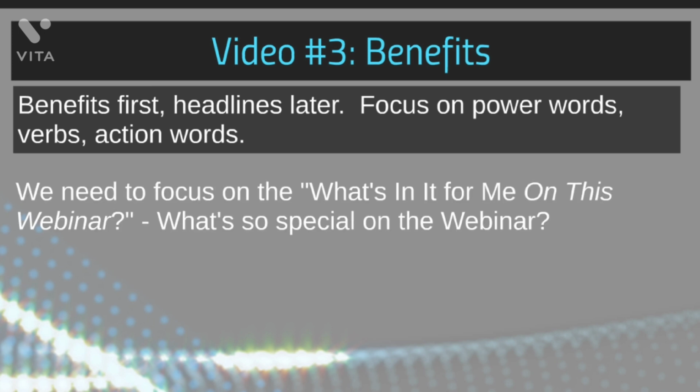Because if you really think about it, going back to the mindset we talked about earlier, we need to focus on what's in it for me on this webinar. So obviously me is going to be your prospect. So what's in it for your prospect on this webinar?